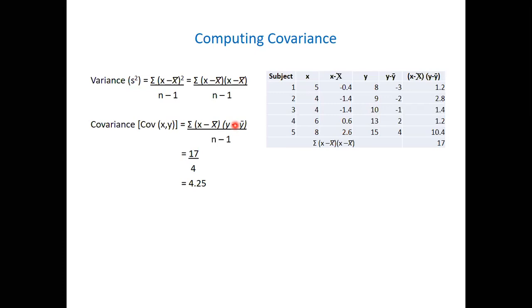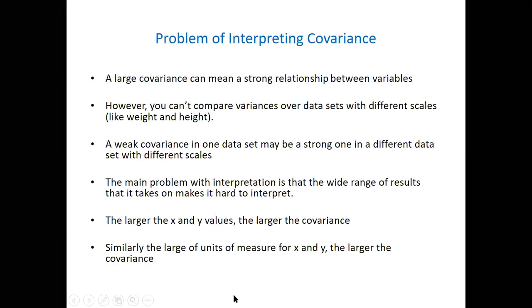Apart from that, if what we are comparing, what varies together, is distance and time, distance traveled and time, if this one is in kilometers and this one is in hours, the covariance you are going to get will be large, because you are talking of 1,700 kilometers, 2,000 kilometers, while the time will be maybe 12 hours, 24 hours. So you see that covariance, whatever you get, depends on the value you feed in and the unit of measurement.